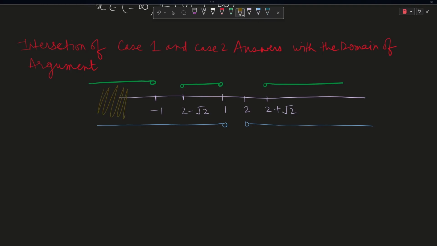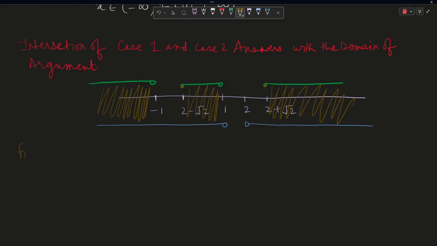This is the common part which I can see. One is this part, another one is this part, and another one is this part, right?